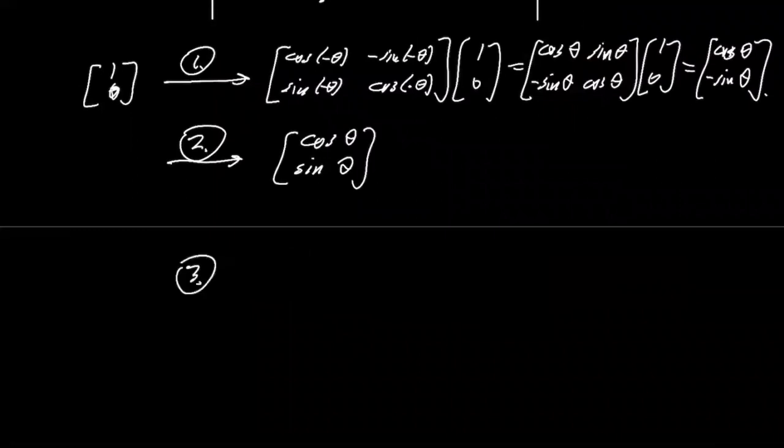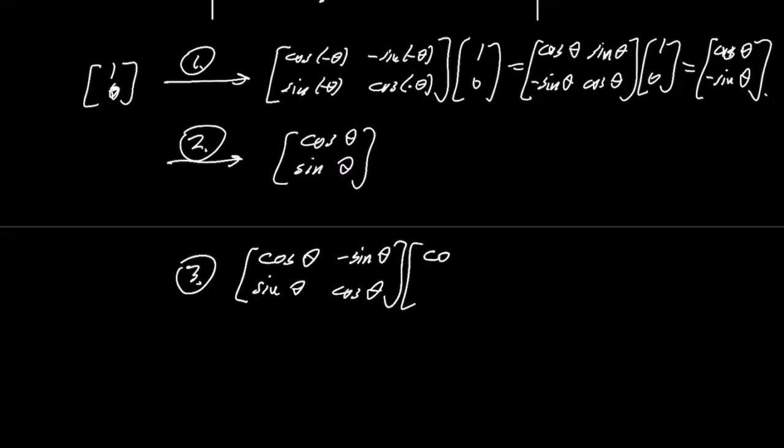Step 3, we're going to multiply the result of step 2, which is this vector I'm writing now, on the left by this rotation matrix. And you should pause and write this out for yourself and see what you get.